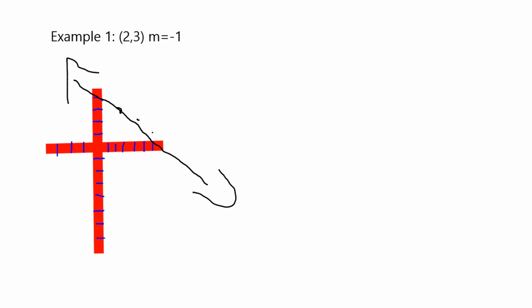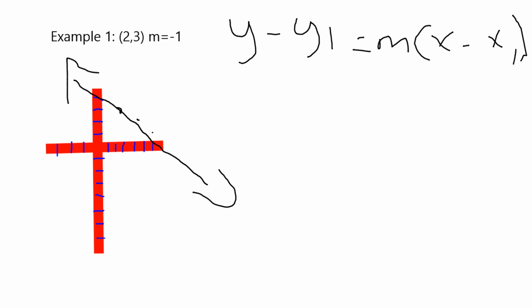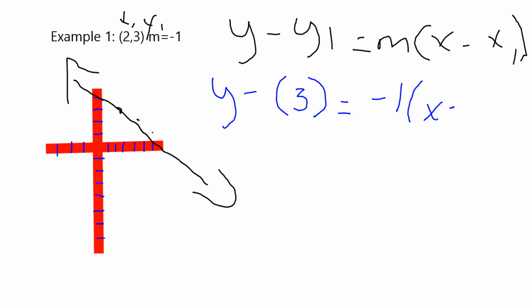Now, to get it into slope-intercept form, you use the formula that was on the first page. Y minus y1 equals m times x minus x1. The first number is x1 and the second is y1, so you're going to plug those in. You're going to have y minus y1, which is 3, equals the slope times x minus x1, which is 2.